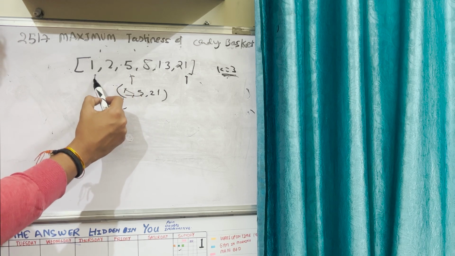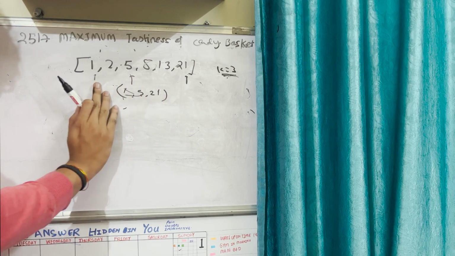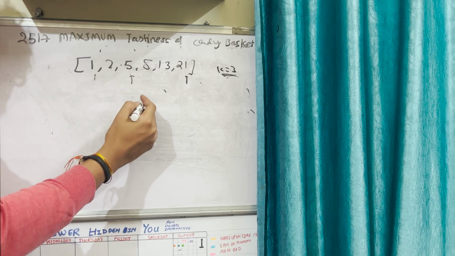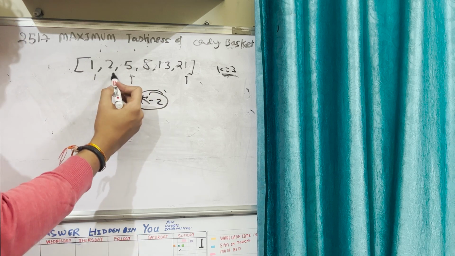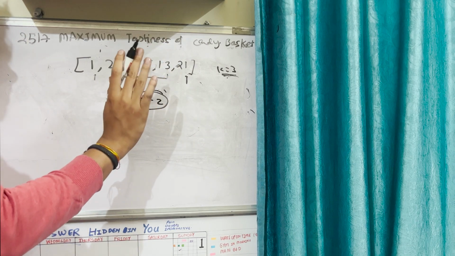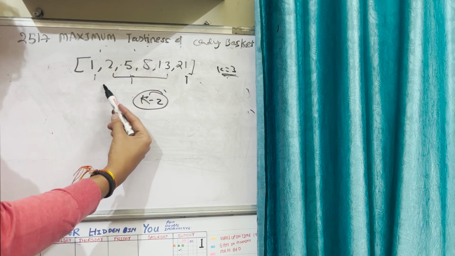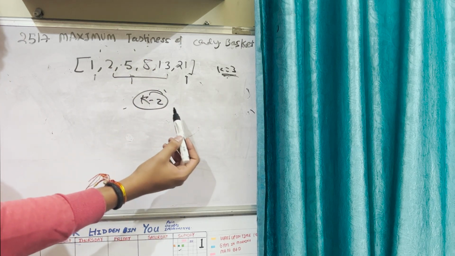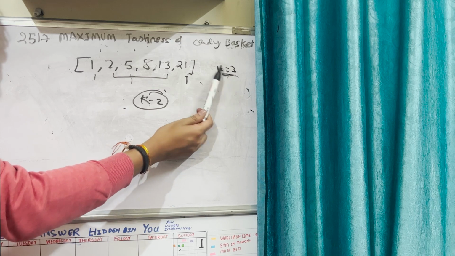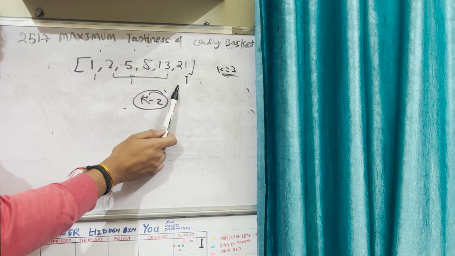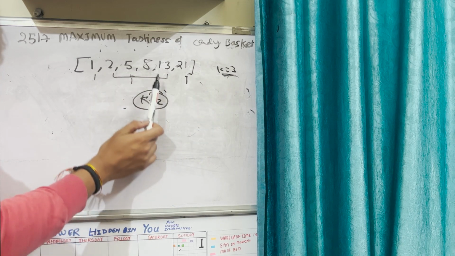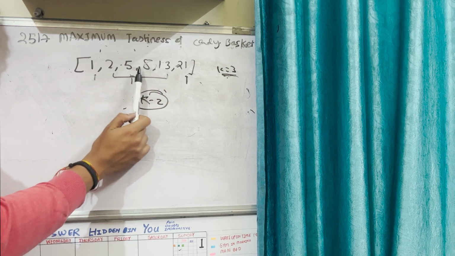So you'll select the smallest value and the largest value, and the other remaining k minus 2 values you have to select from the remaining array. By k minus 2, as you selected 2 values, and you have to select k values. For example, you have to select 3 values in this array, and you chose 2. So if one is remaining, you have to choose from this.